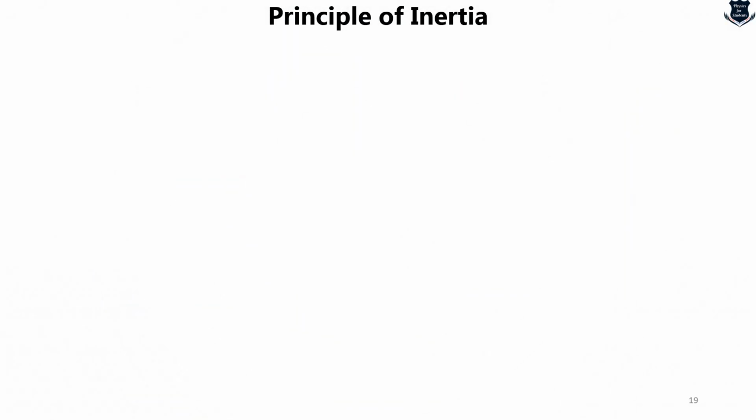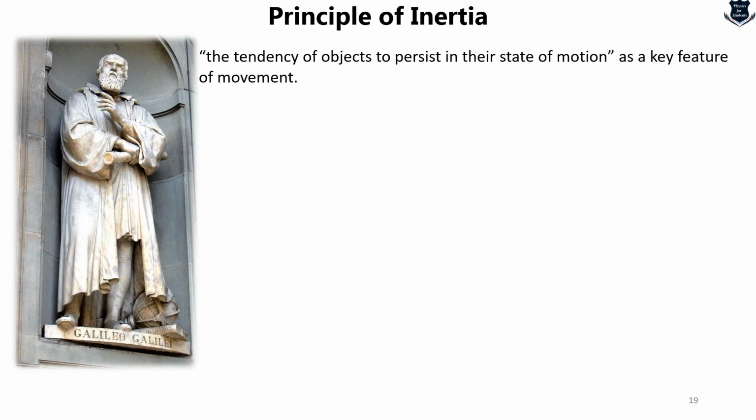Now, as far as Galileo Galilei is concerned, Galileo's insights basically identified the tendency of objects to persist in their state of motion, and that is the key feature of movement.